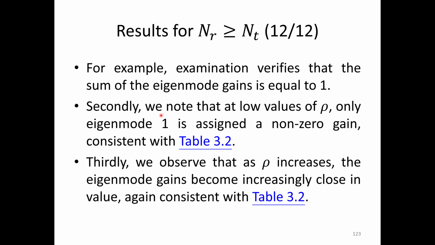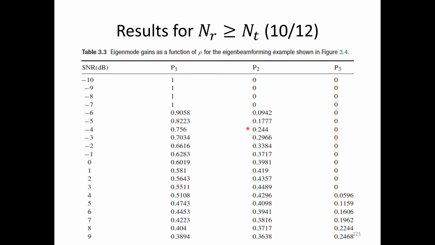Secondly, we note that at low values of rho, only eigenmode 1 is assigned a non-zero gain, consistent with table 3.2. Let us go back to table 3.3.